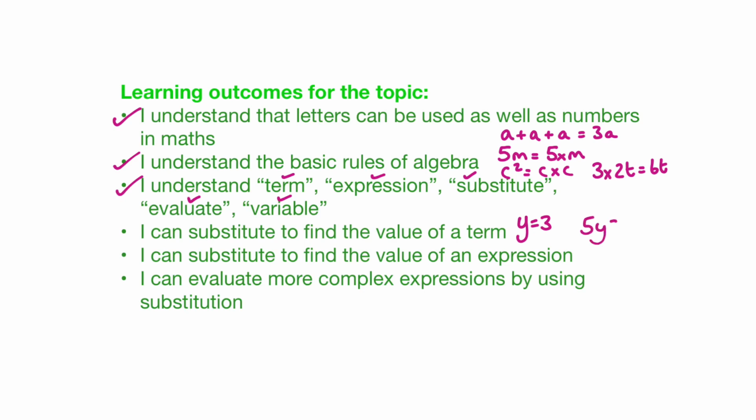So that would be 5 times 3, which is 15. So we did that, and we substituted to find the value of expressions, and that's what we're going to continue with next time, because the expressions need to build. And we're also next time going to use more than one variable. Okay, so we will look forward to that.